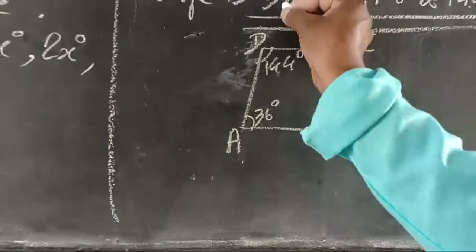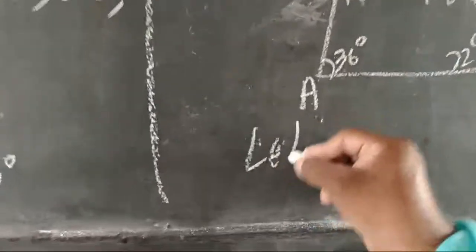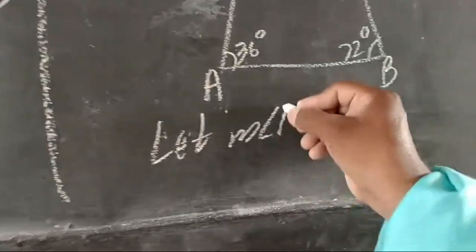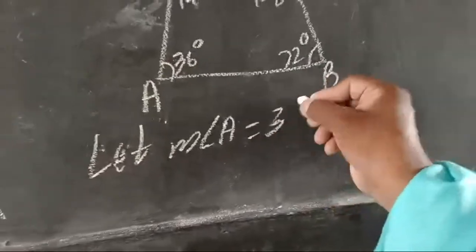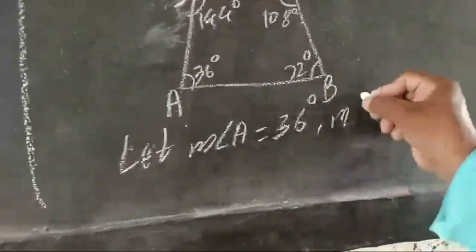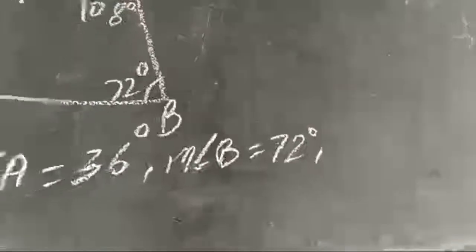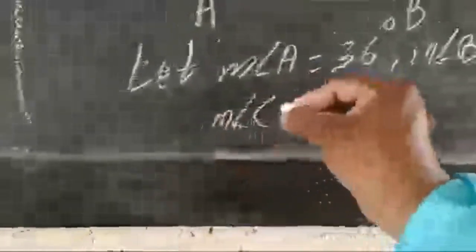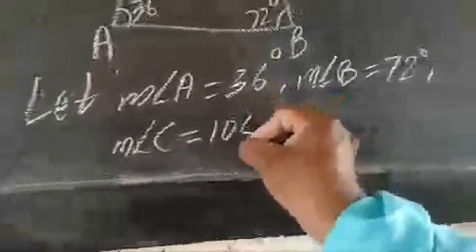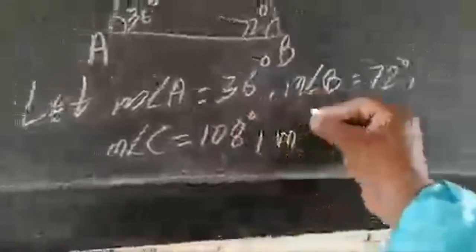Before that, let us first measure. Angle A is 36 degrees. Measure of angle B is 72 degrees. Measure of angle C is 108 degrees.